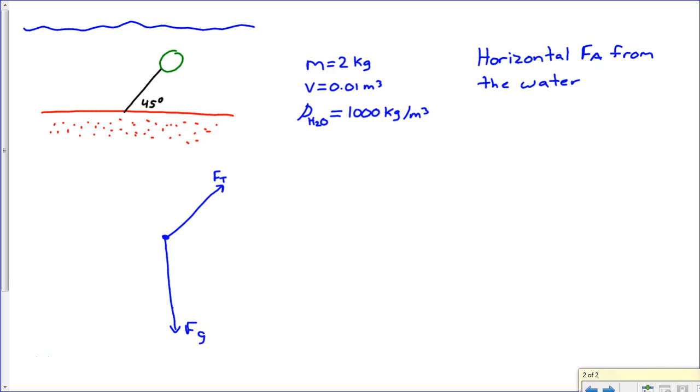This tension force is going down and to the left because, again, it's going to go in the direction relative to the ball, the direction that the rope is pointing. So we're going down here and to the left. So we get Ft. Then the applied force, the force coming from the water that's pushing the ball forward. And then there should be a buoyant force on this one as well.